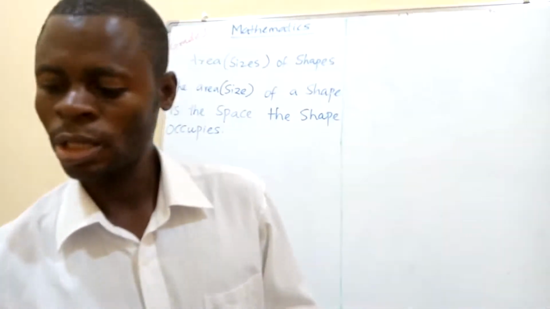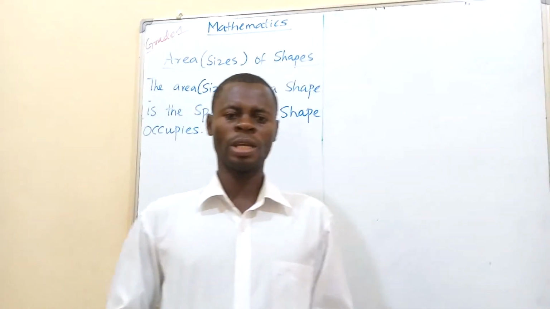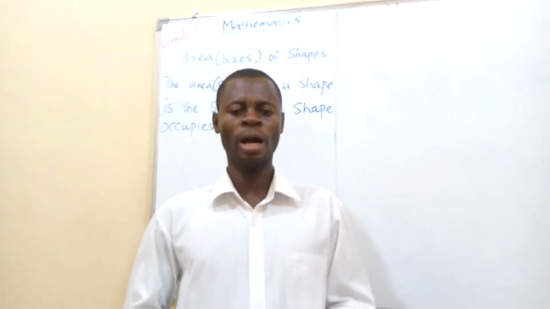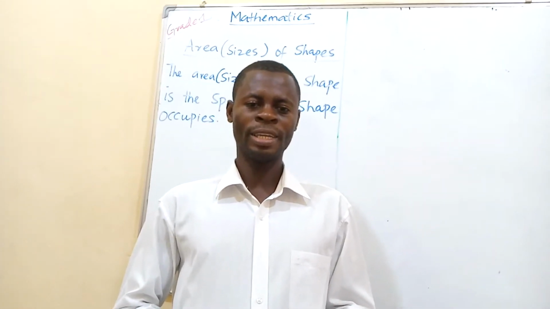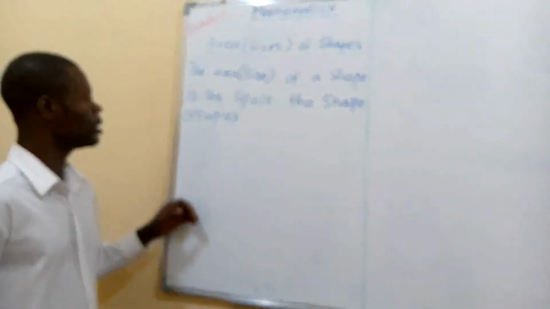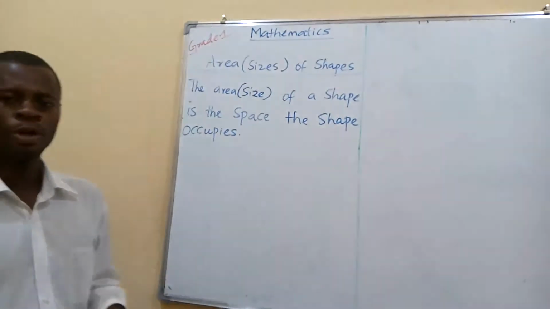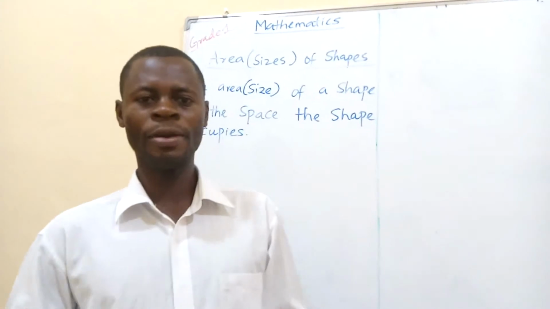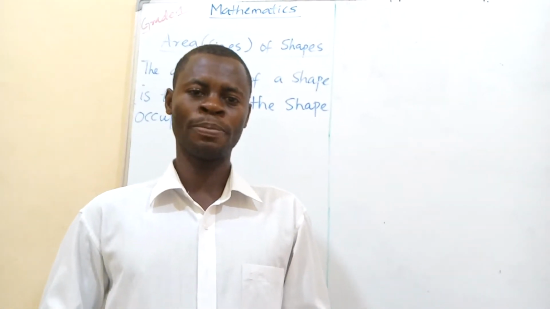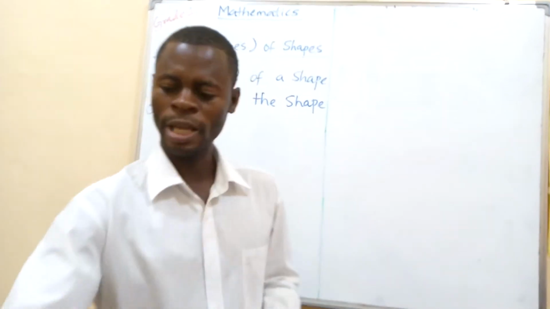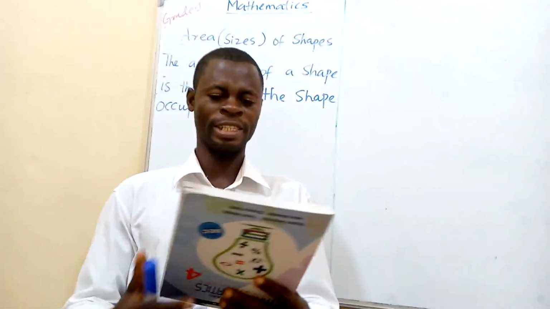Alright? So now what is area, or what is the area of a shape? The area of a shape is the space the shape occupies. For example, the area of this book is the space it occupies.